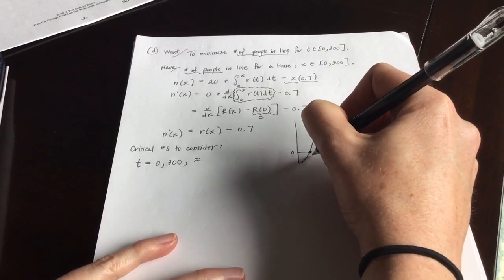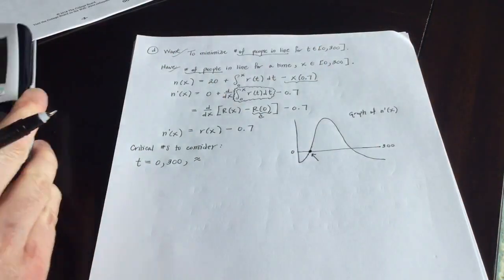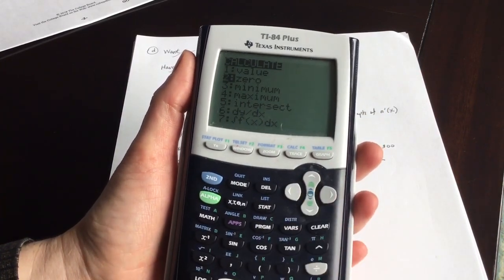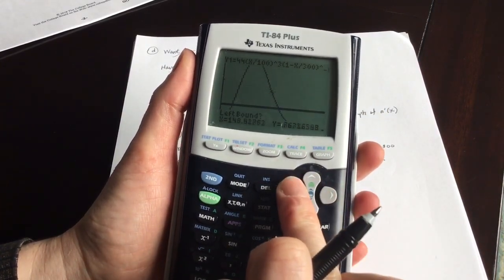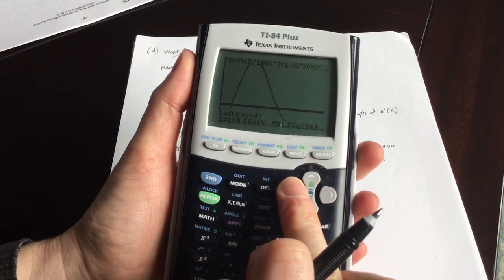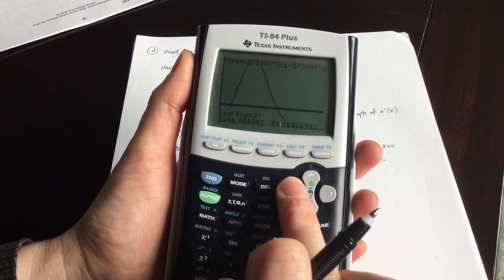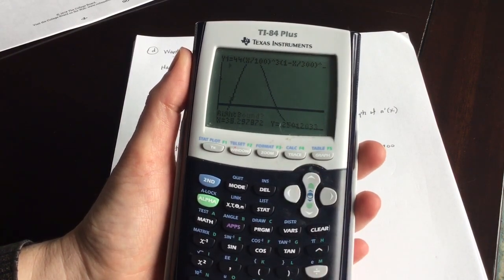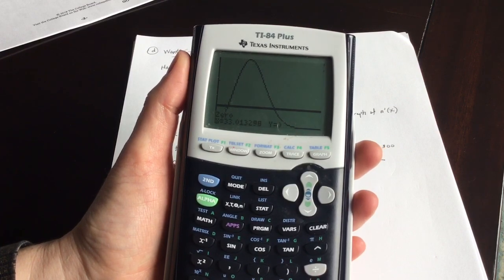So that would be this guy right here. Okay, so let's use the calculate zero feature of your calculator. We're looking for this first place where your derivative changed from negative to positive. So just go a little to the left and a little to the right and have it guess.